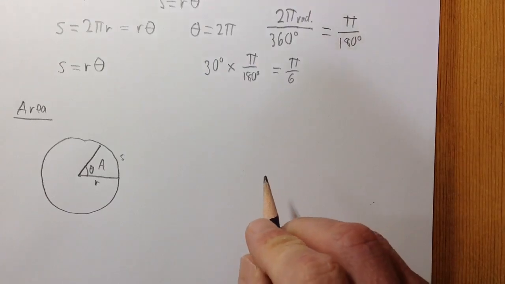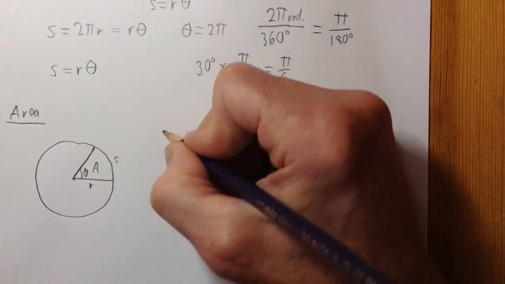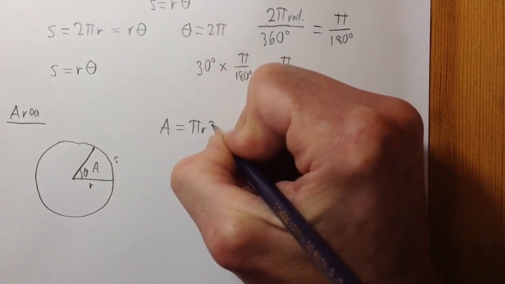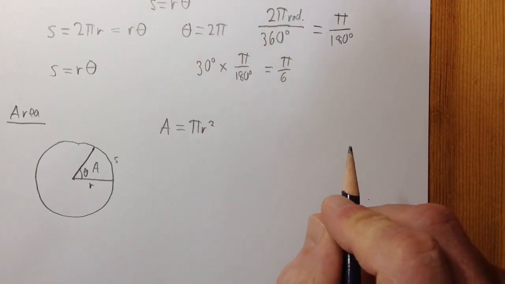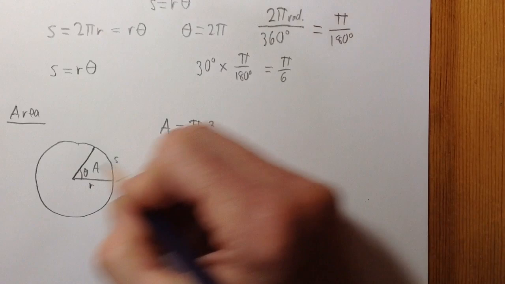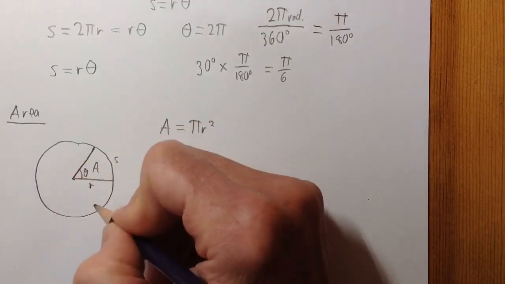Well, we can just use ratios here. The area of a full circle is pi r squared. Therefore, the area of this wedge is just a fraction of the full circle.